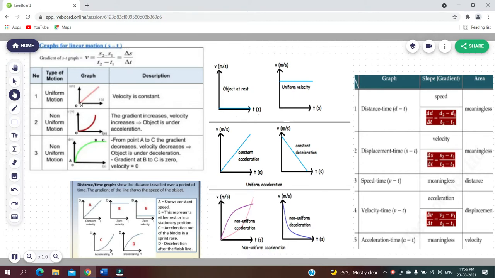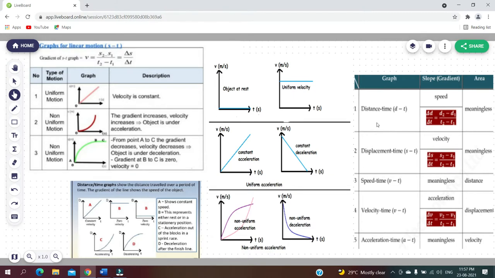You can see an upward sloping line. When the distance time graph is an upward sloping line, it means that its velocity is constant.